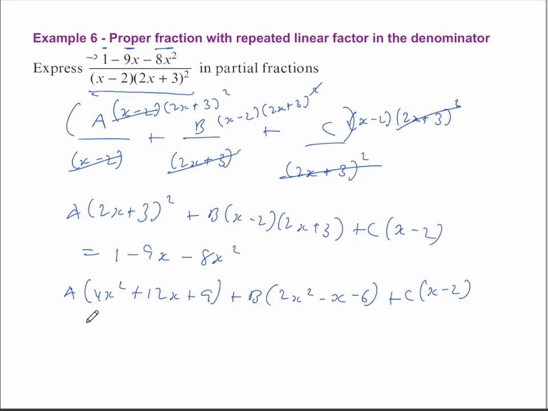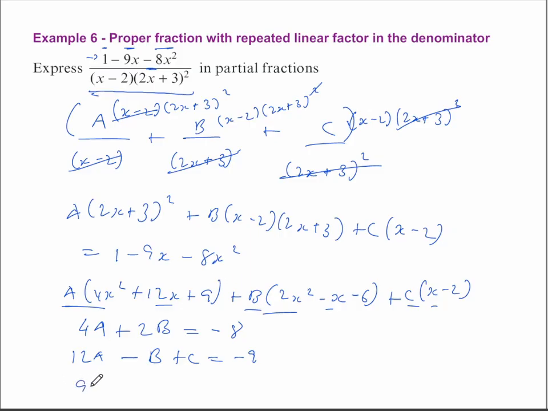So the x squared terms, we have 4a from this, plus 2b from this, and that will equal -8 from this right here. Then the x terms, so we have 12a from this, then we have -b from this, and we have plus c from this, and that will equal -9.